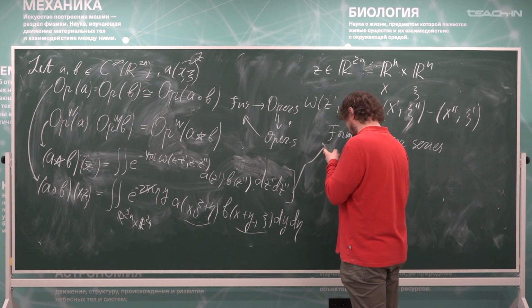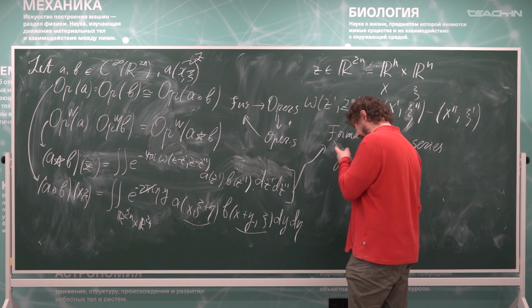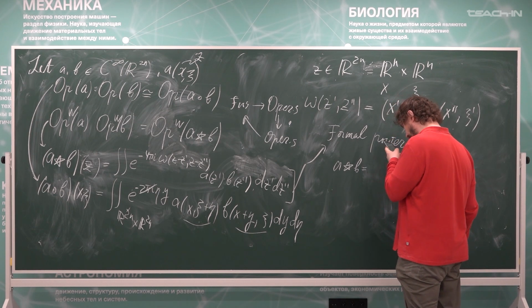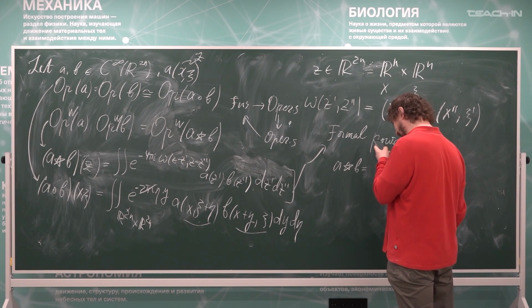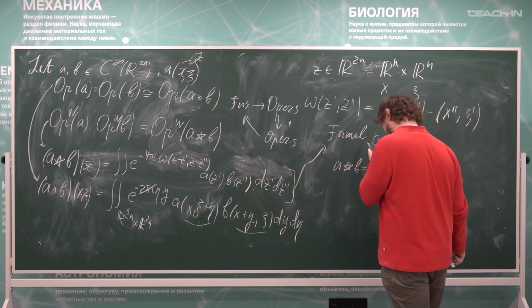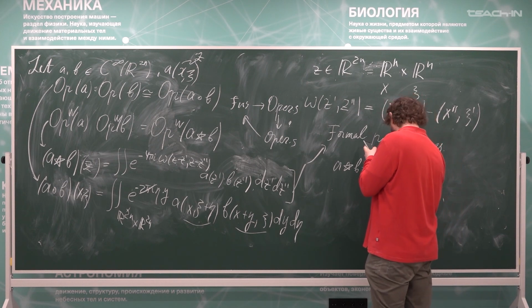A star B is equal to 1 over, we'll eliminate 2 pi from this notation altogether. But in front, I have to introduce it in the front of everything, because it's a change of coordinates.